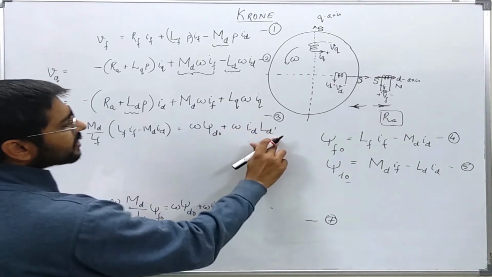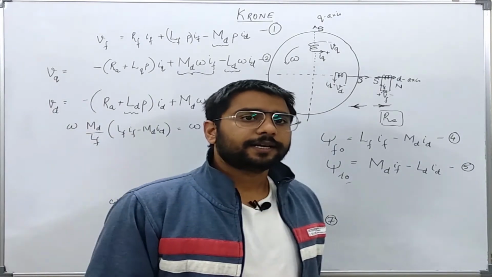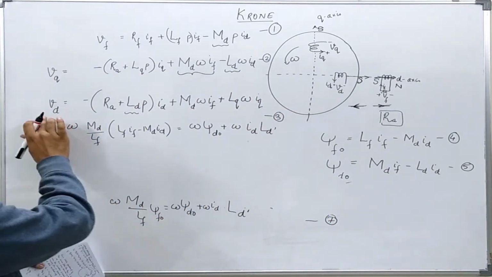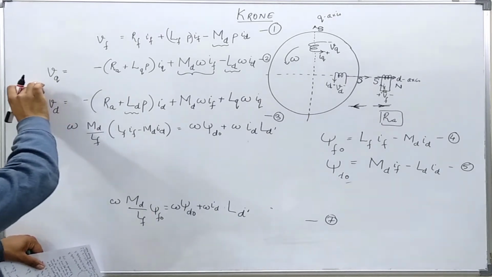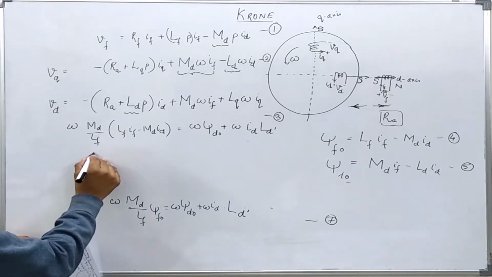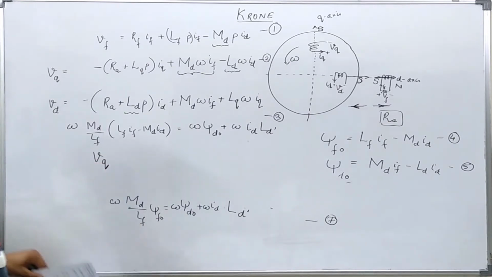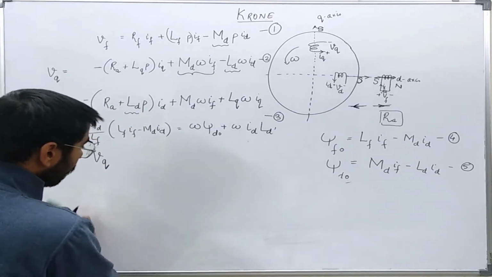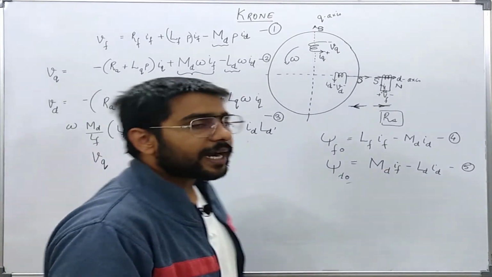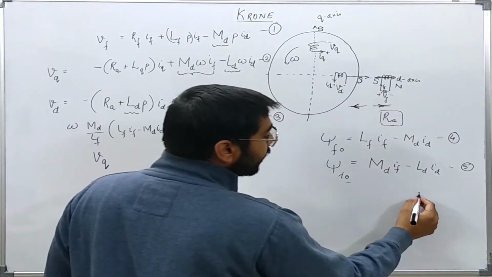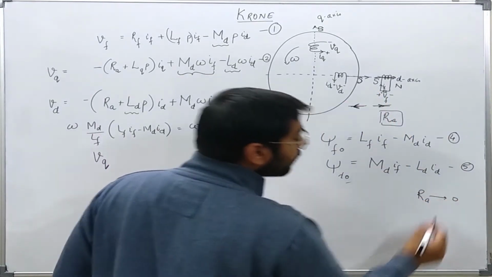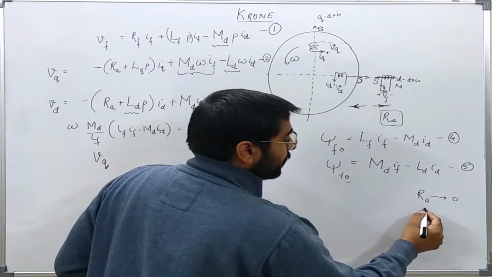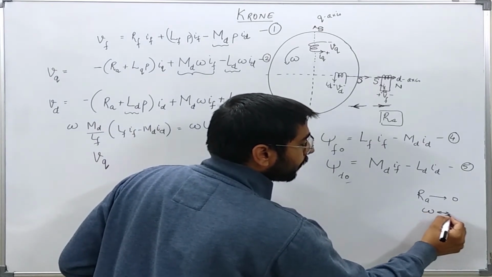Now omega LD dash can be written as XD dash, that is the transient reactance, but we will do it later. Now from equation number 2, we can see that VQ. Before writing the equation for VQ, there is one assumption: the resistance of the winding is negligible and during the transient the speed remains constant.